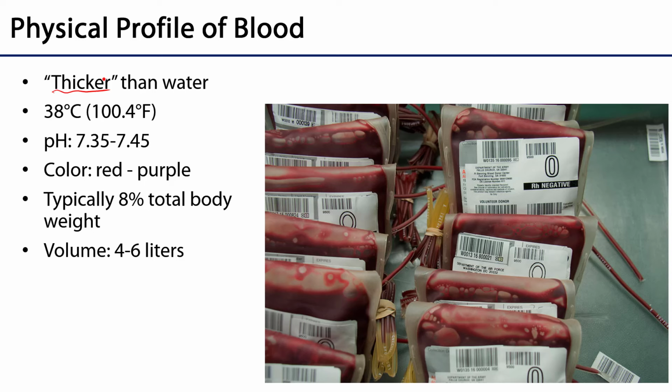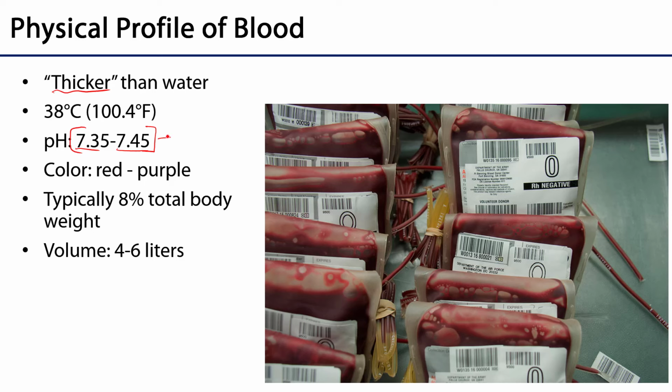Blood has an average temperature of about 38 degrees Celsius. That's about 100.4 degrees Fahrenheit if we were to measure the temperature of the blood directly. It has an average pH of 7.35 to 7.45. So physiologically, this range would be what we would refer to as physiologically neutral.